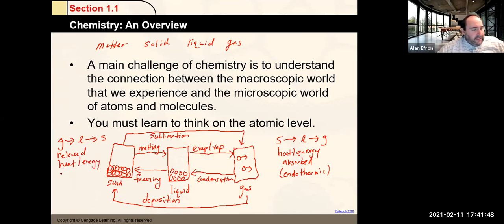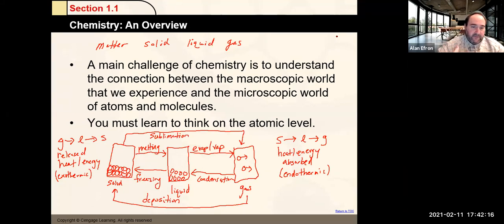When we release heat and energy, that's a process referred to as being exothermic. Just logically think about it: if we start with the gas phase, and we have all these gas molecules flying around, and we remove heat and energy, as they come to each other they're no longer going to have enough energy to bounce off each other. They're going to stick a little bit, and as they stick, they'll drop into the liquid phase.